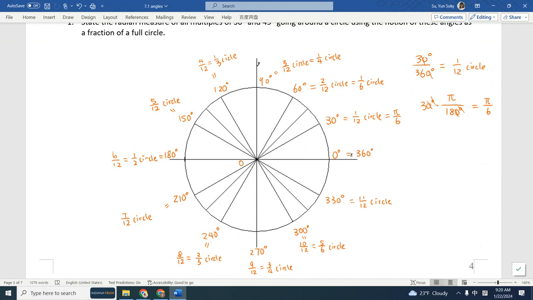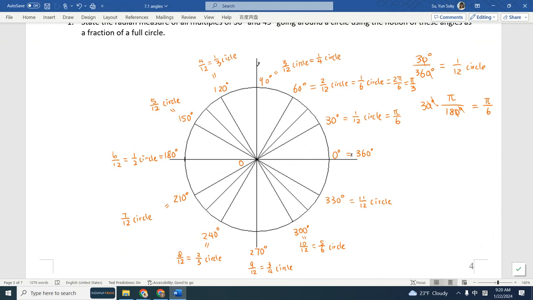And then you increase 30 degree. It's like 2 copies of pi/6. So here, 60 degree is 2 copies of pi/6, which is pi/3. See the pattern? This is 1 copy of pi over 6, 2 copies of pi over 6.